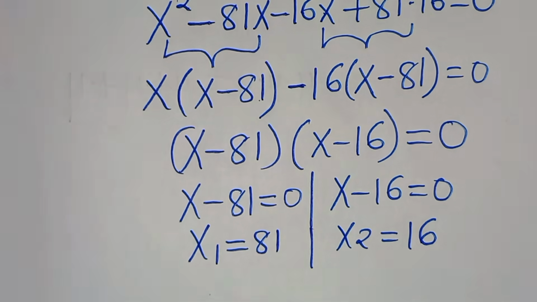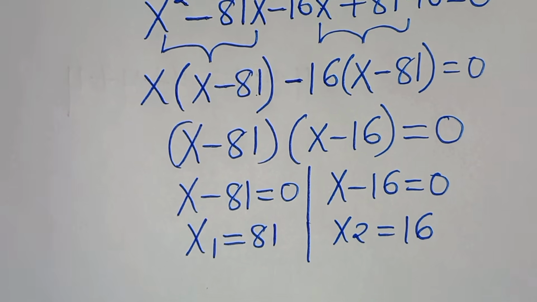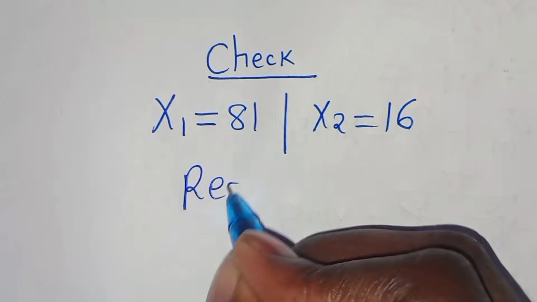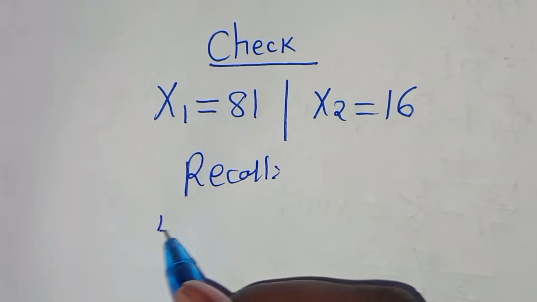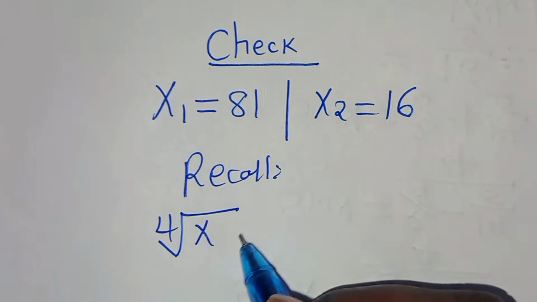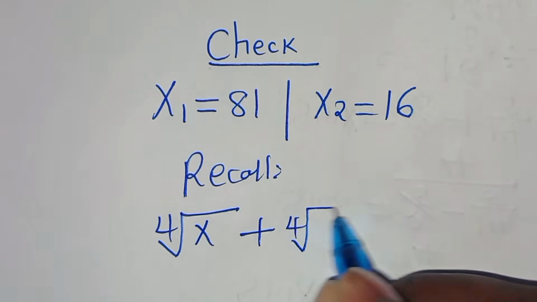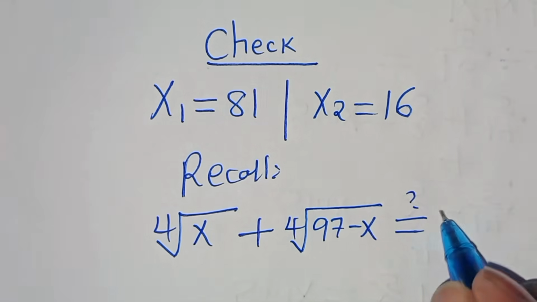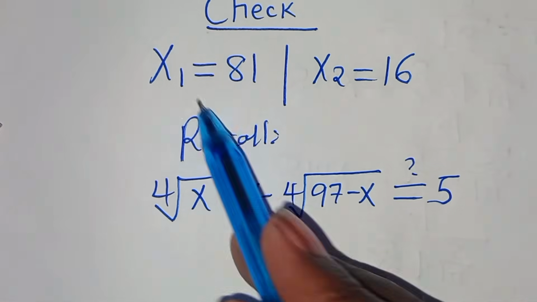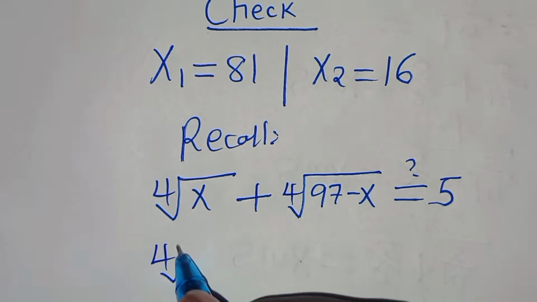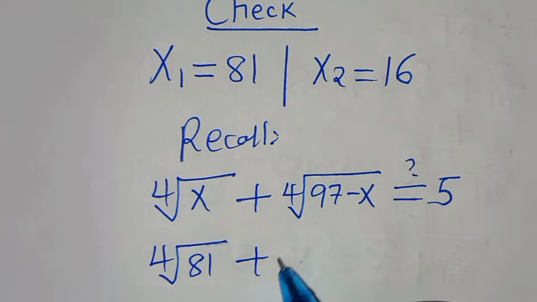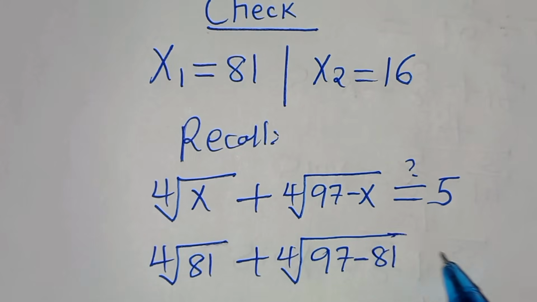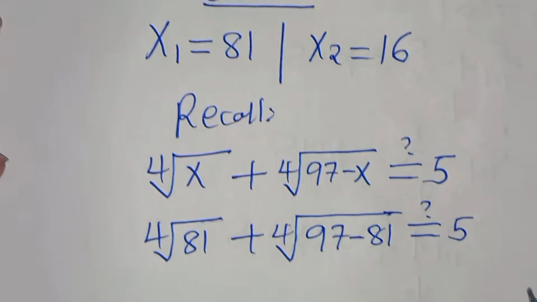Now let's check if these two values of x satisfy the equation as follows. If you recall, the fourth root of x plus the fourth root of 97 minus x is supposed to give us a value of 5. Let's start with x1, which is 81. We have the fourth root of 81 plus the fourth root of 97 minus 81. This should give us a value of 5.